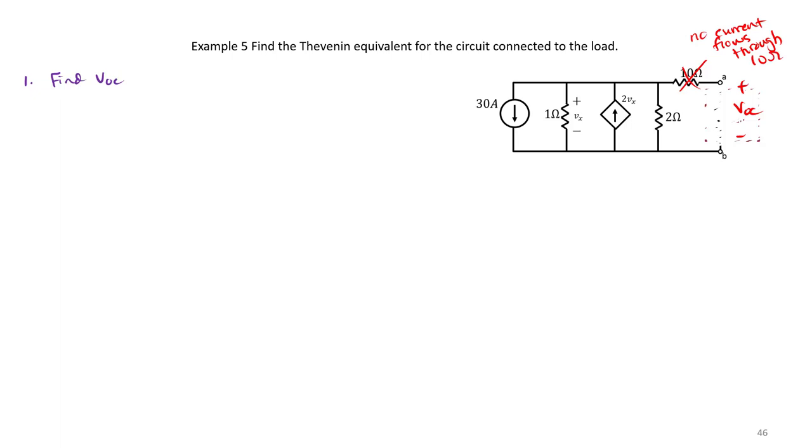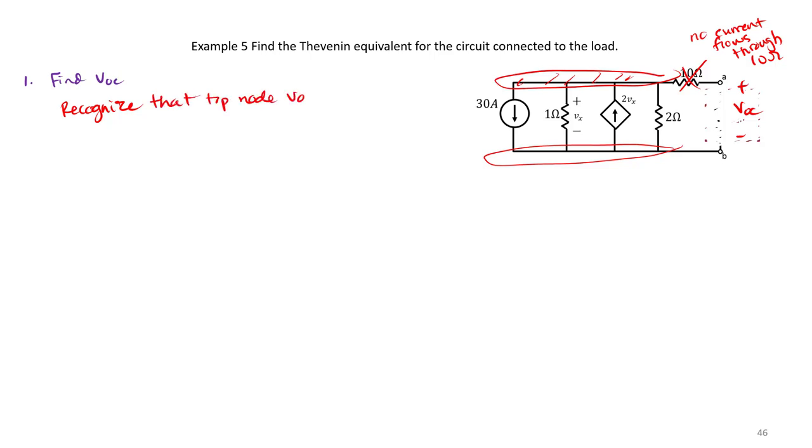So for the purpose of Thevenin voltage, we know that we have a very nice node right up here. The key to this question was first to recognize that the top node voltage is VOC. And then we can treat the bottom as our ground.